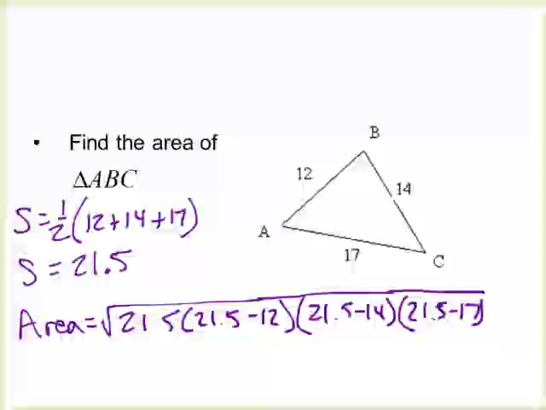And you can type it all in at once if you use parentheses around each one of those subtractions. I think about 83 for this one.